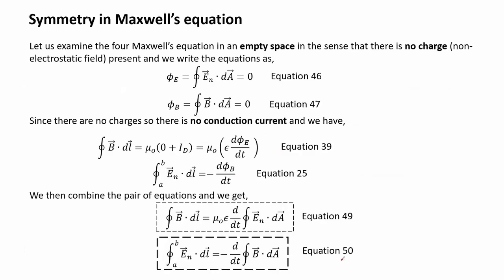Symmetry in Maxwell's equations. Let us examine Maxwell's equations in an empty space in the sense that there is no charge present, and we write the equations as equations 46 and 47. Since there are no charges, there is no conduction current, and we have equations 39 and 25. We then combine the pair of equations and we get equations 49 and 50.